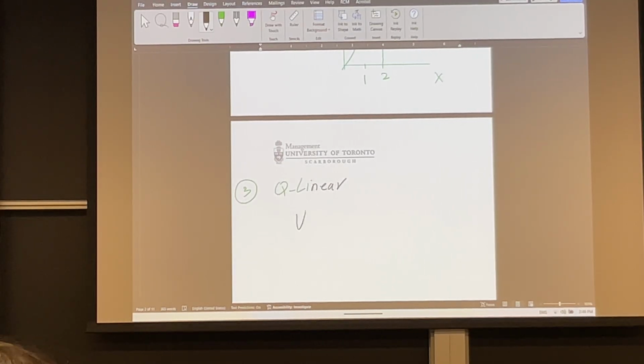So this is linear in x. See, the power of x is 1, that's linear in x, but the power of y is not 1, so that's quasi-linear in x. Or say this one, that's not linear in x, but linear in y.